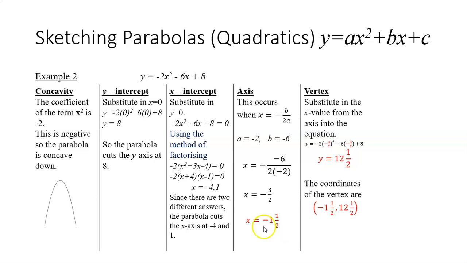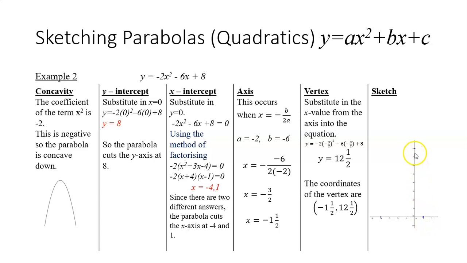So we now have our 5 main parts. We can then come up with our sketch. So let's do our sketch. We know that it's going to be concave down, and what I've already put on here is the y-intercept of 8, and we've actually put our two x-intercepts on here already, so -4 and +1.